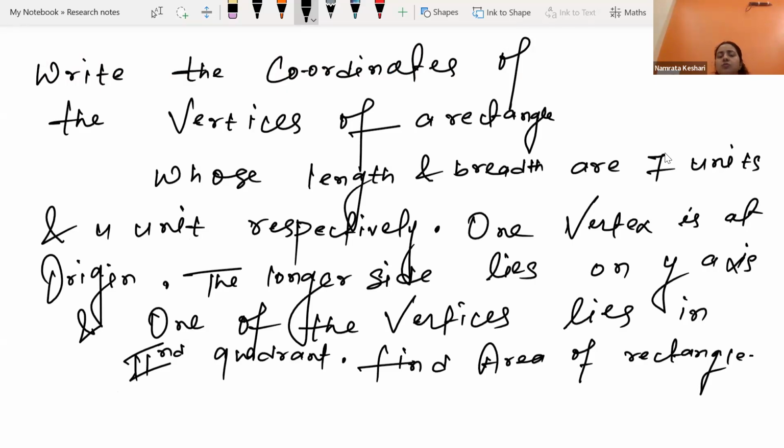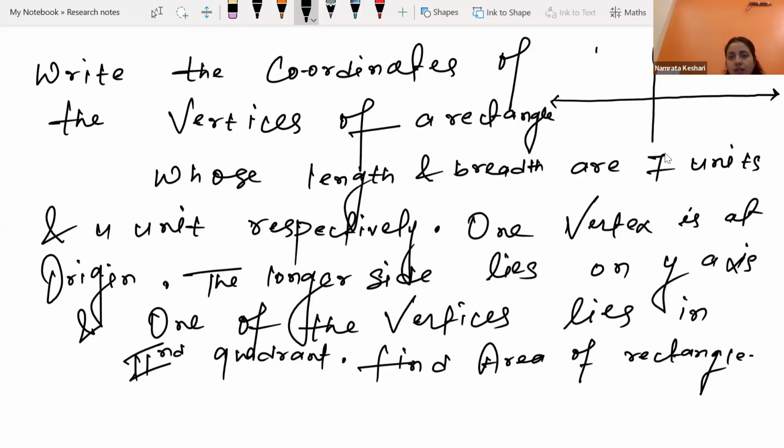The main confusion is what the coordinates of the vertices of the rectangle are, right? The longer side lies on the y-axis. So let's draw it. Ma'am, area is 28 units. Yes, square units.